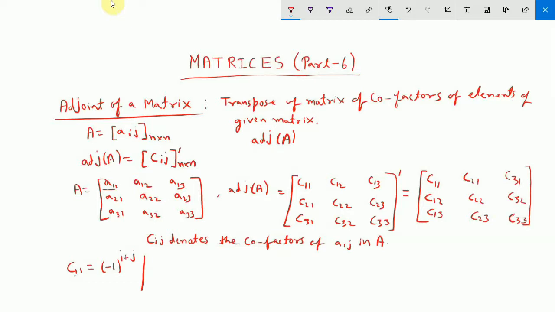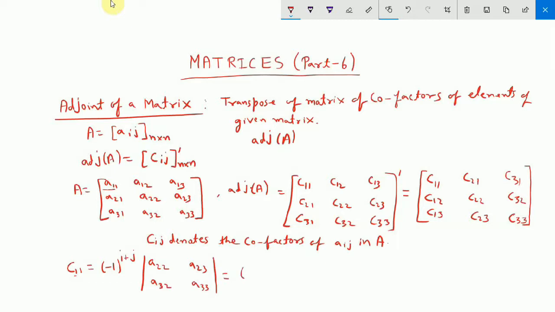And here see, if we are calculating cofactor of A11, we have to delete the row and column containing A11. So it will be A22, A23, A32, and A33. Okay.